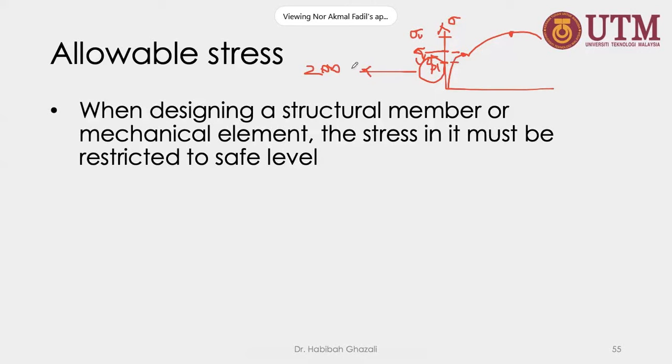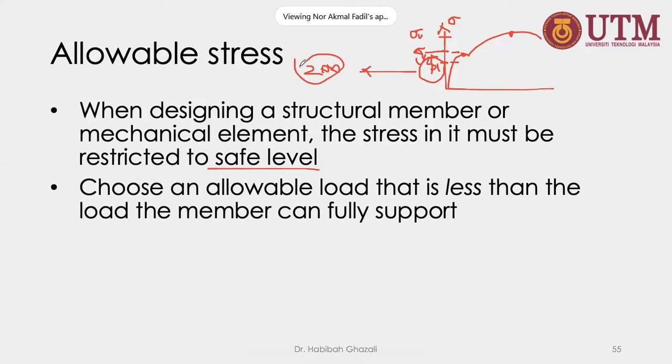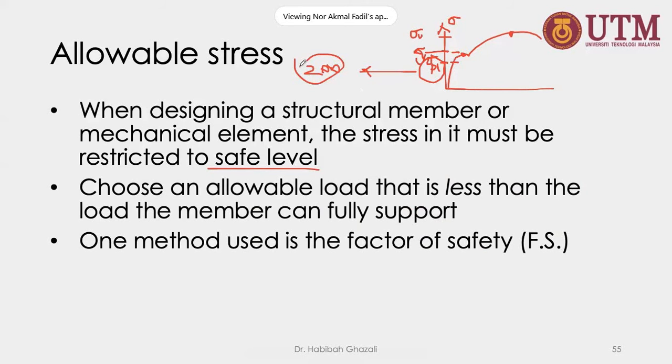So this is not the allowable stress. We need to give a safe level. So we use these limits to choose the allowable load, which is less than this load. One method we use is the factor of safety.